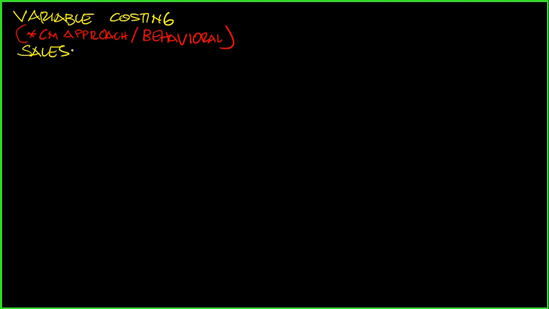I'll show you later. So how do you compute for your sales? It was previously computed at $600,000. And then under behavioral approach or contribution margin approach, you deduct your variable expenses, no? Variable costs.